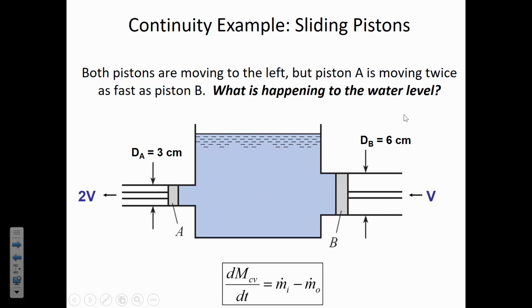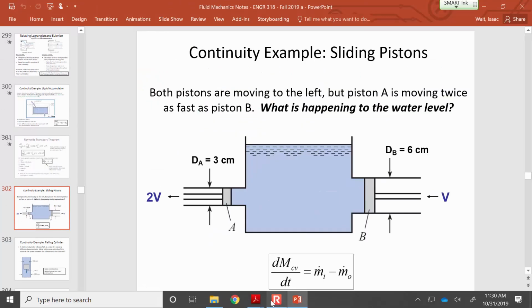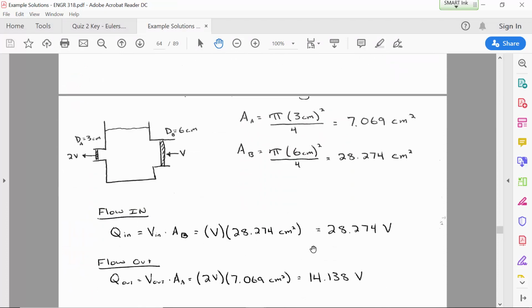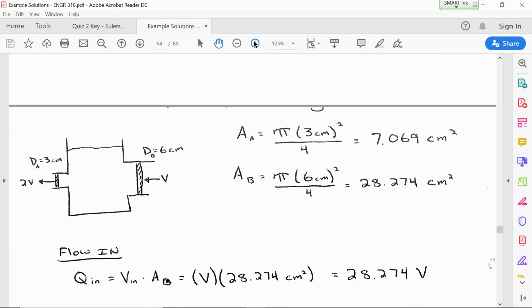So just as an illustration of that, let's take a quick look at this one. Okay, so if the area at A is based on the 3 centimeter diameter, then that makes the area approximately 7 square centimeters, whereas the area for piston B is 4 times that, at about 28 square centimeters.